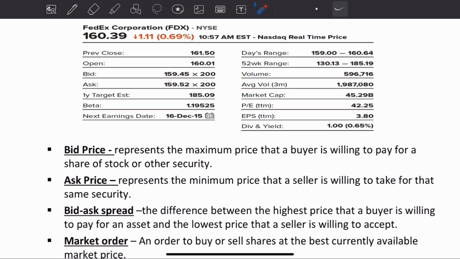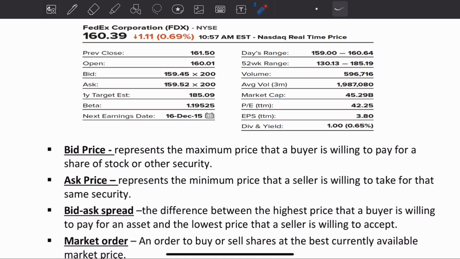And normally, even in the example here, as you can see, there would be a gap between the bid and ask price. And in this case we have around 7 cents difference.